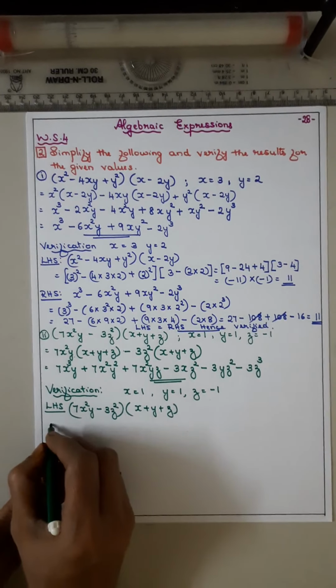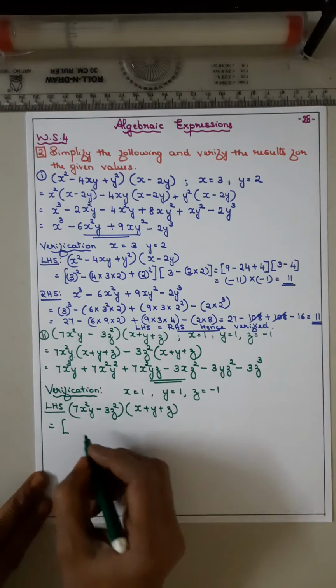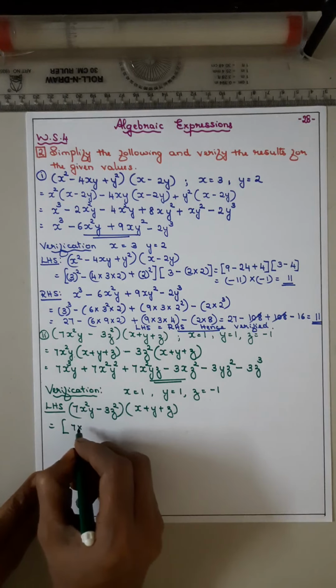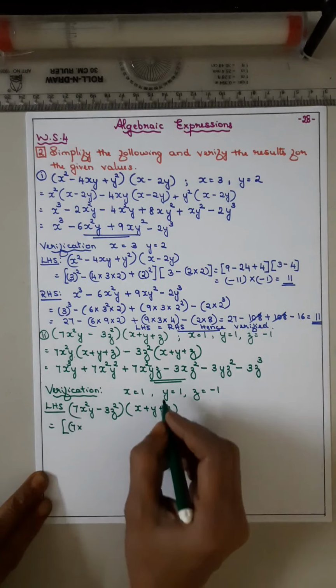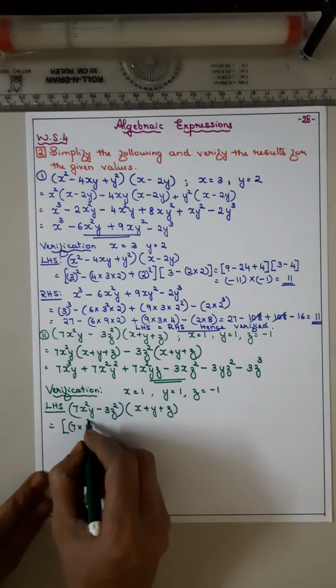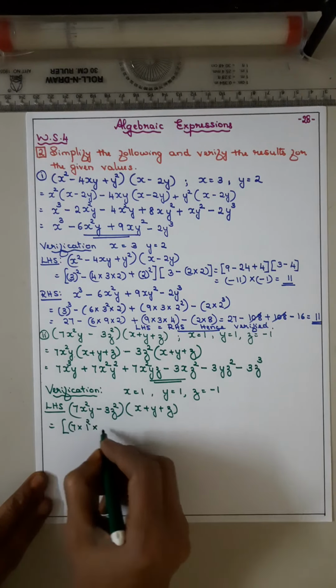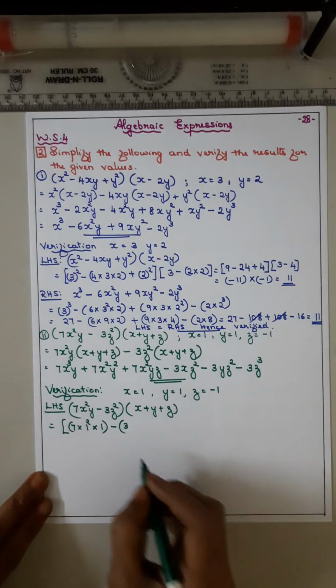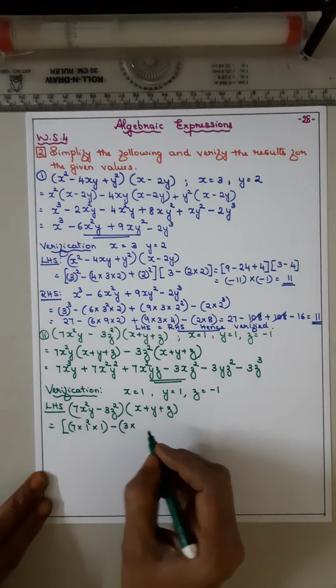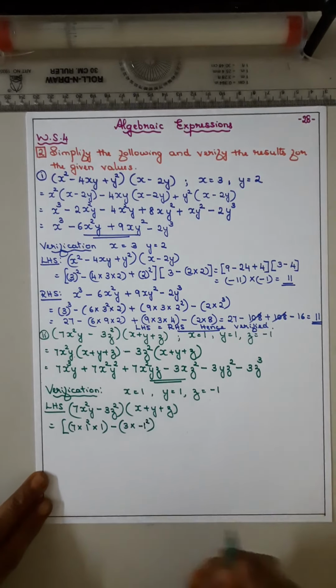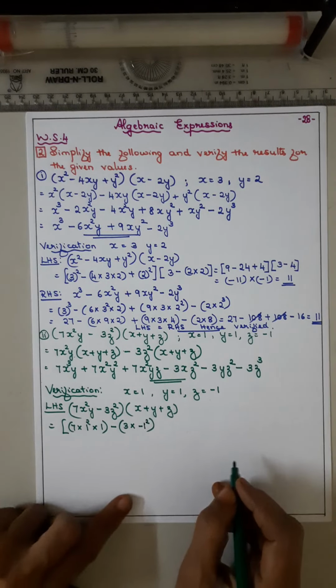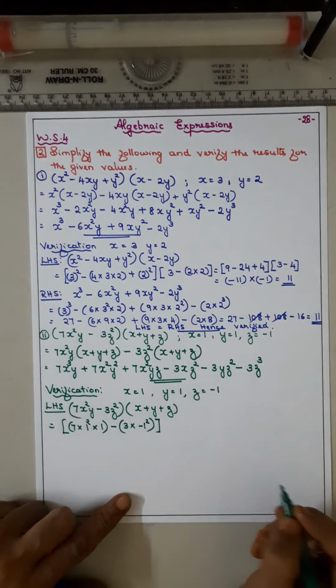Isn't it? Now square bracket open, 7 into x squared, that is 1 squared, y is 1, close the bracket, minus 3 within the bracket, into z is minus 1 squared. Now close the square bracket.